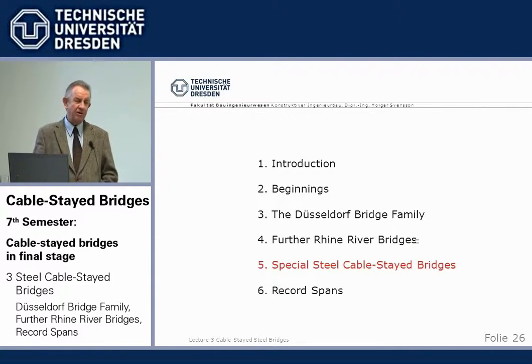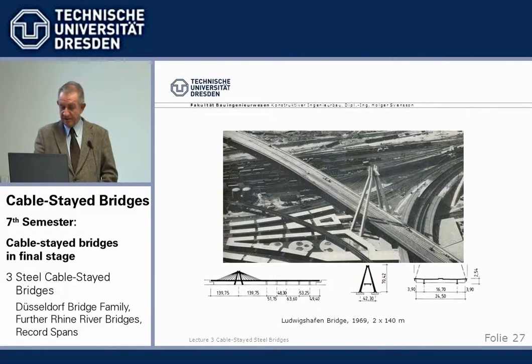Now some more. We had the Düsseldorf Bridge family. We had important Rhine River bridges. Now we go to some also special steel cable stayed bridges, and then come to the record spans. Ludwigshafen across the railway, a four-legged tower.